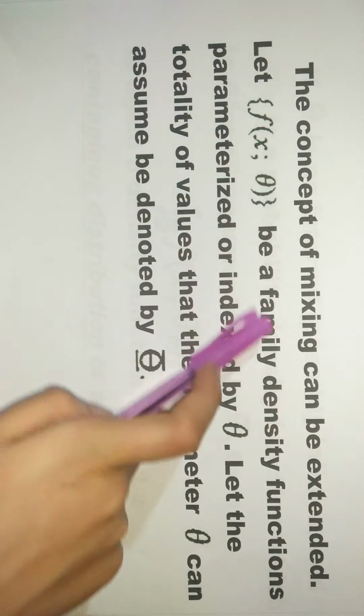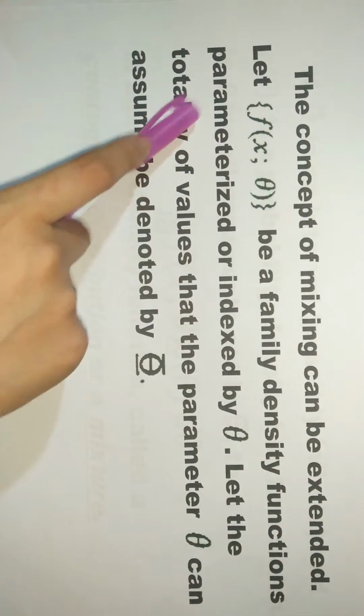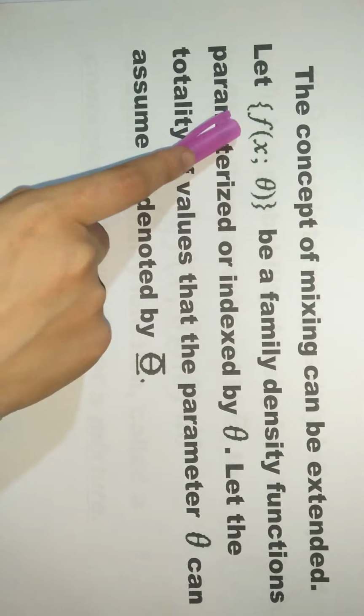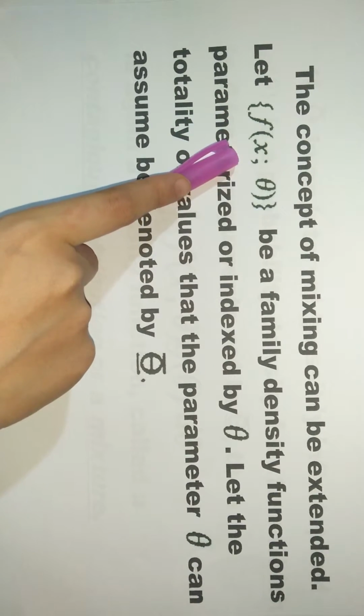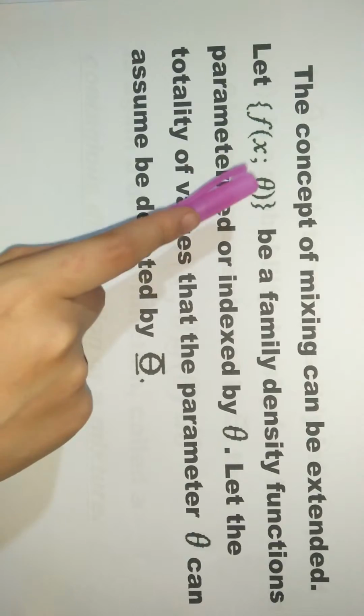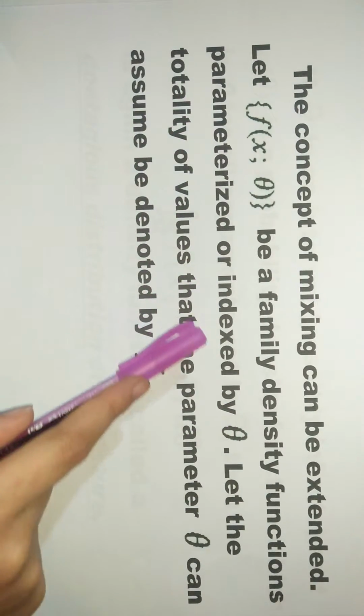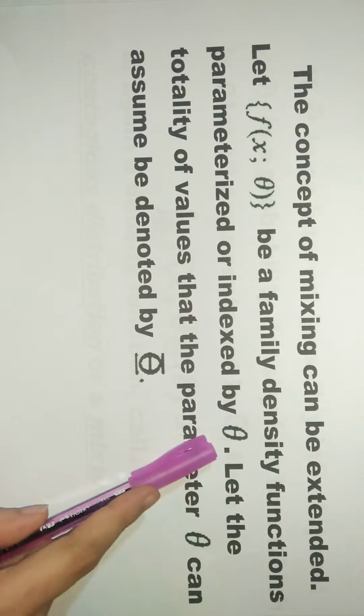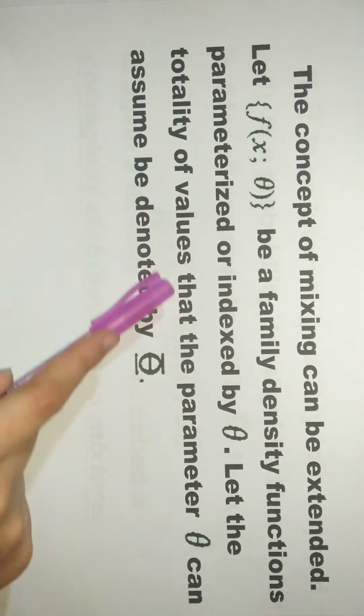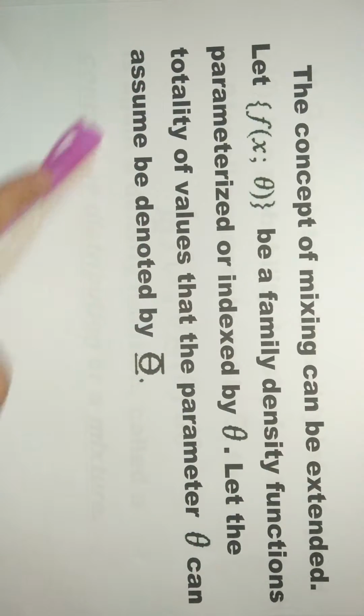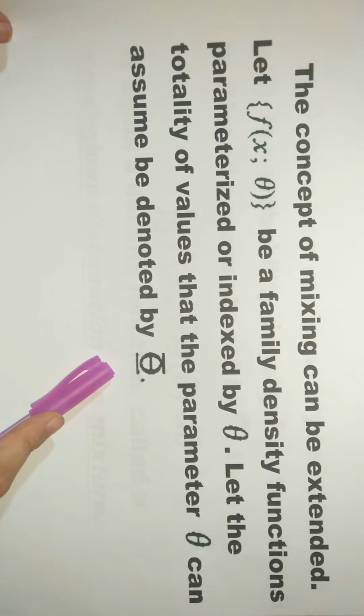Then the concept of mixing can be extended. We now let f sub x with parameter theta be a family of density functions parameterized or indexed by theta. Let the totality of values that the parameter theta can assume be denoted by big Theta.